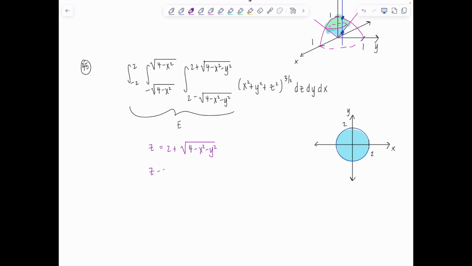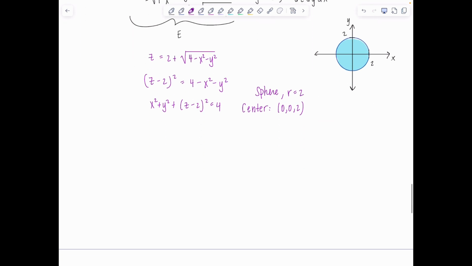So z minus 2 squared equals 4 minus x squared minus y squared, right? What would you do next to really say, aha, that's what this surface is? Move the x and y squared over. Perfect. So now who is this? It's a sphere centered at 0, 0, 2, and the radius is 2.